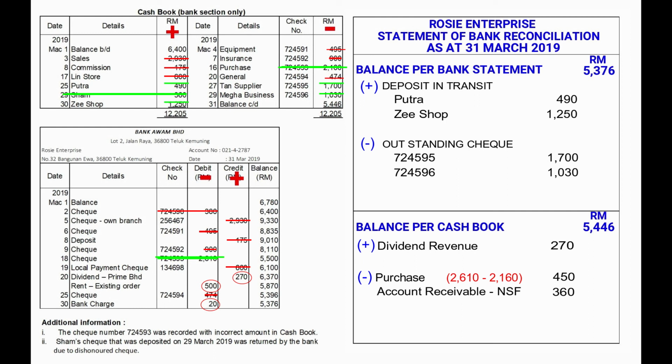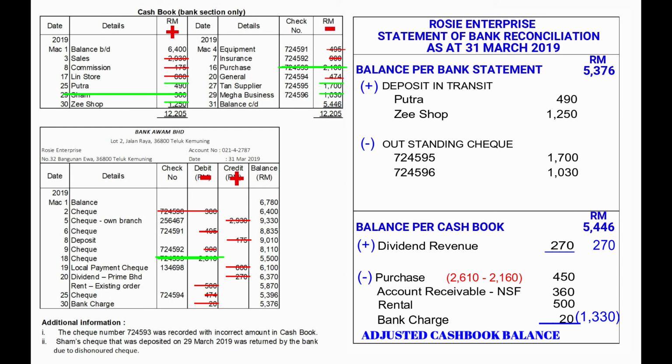For example, rental 500 ringgit Malaysia and bank charge 20 ringgit Malaysia. Lastly, you have to calculate the adjusted cash book balance. That is 4,386 ringgit Malaysia. So now, you can calculate the adjusted bank statement balance.